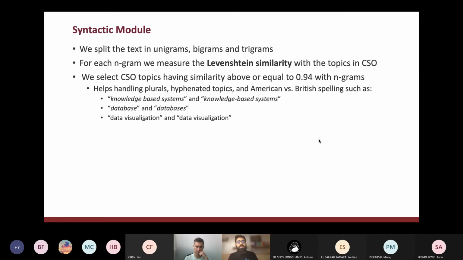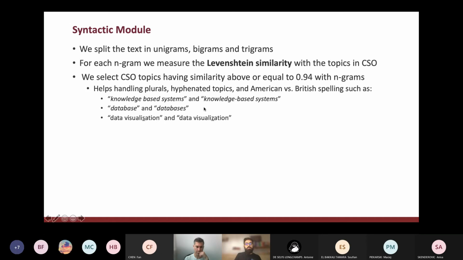In this particular case, I used the threshold of 0.94 because this threshold is high enough that we can consider those words as a topic, and 0.94 is not that high because the max value is 1 and the minimum value is 0, but we did not set it to 1 because there can be several nuances of the word. For example, if there is "database" in the text, but in the ontology there is "databases", I want to match that. So I want to be sure that I am matching it.